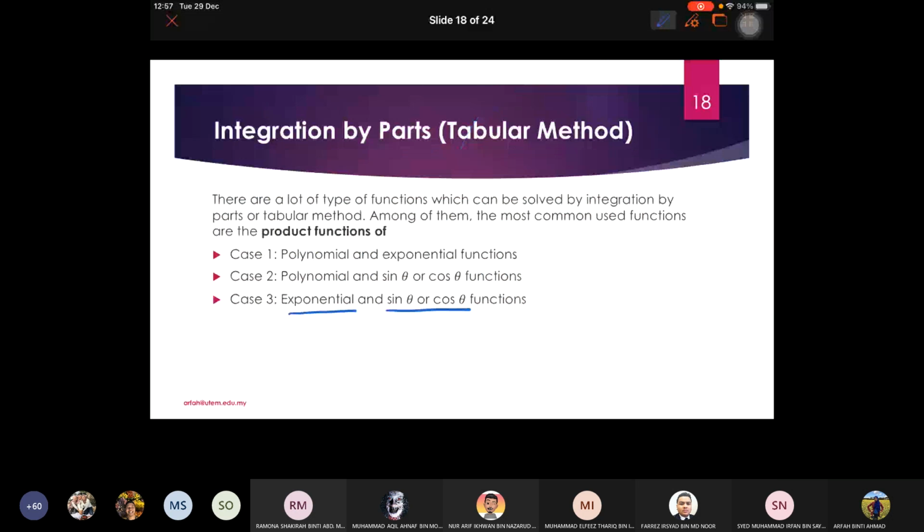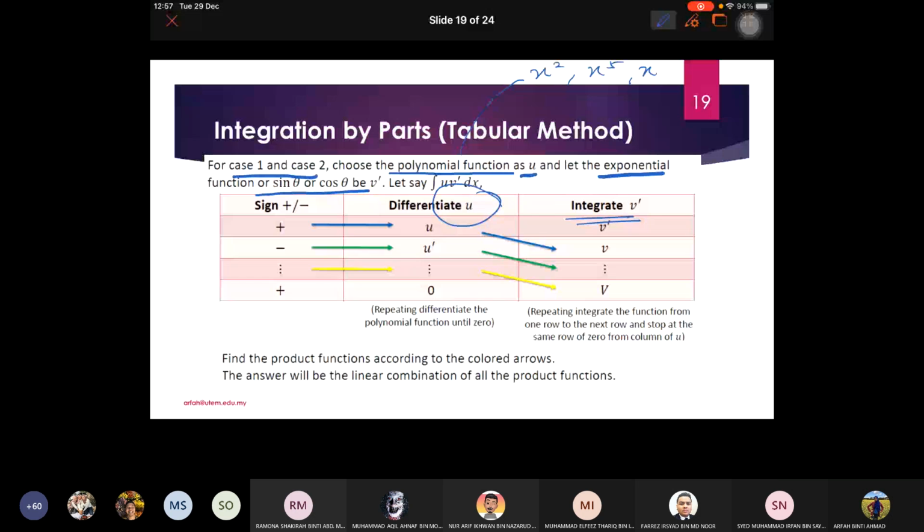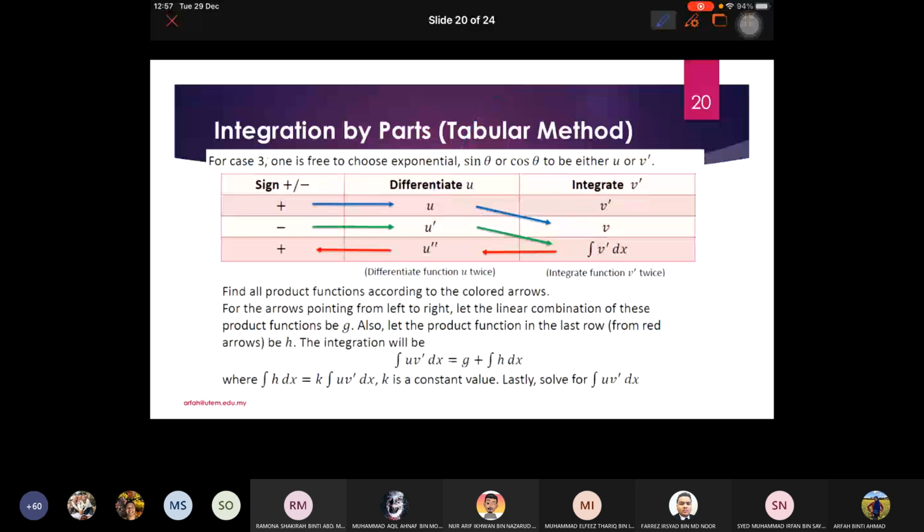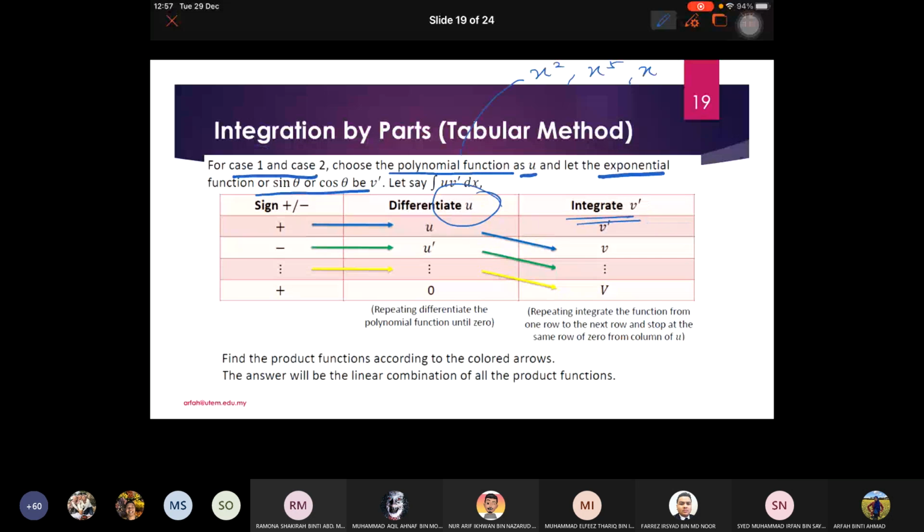Tapi kalau exponential function darabkan dengan sin atau theta function, yang itu akan jadi case 3. Boleh letak dekat mana-mana. Awak boleh letak exponential dekat sini, sin dekat sini, atau awak boleh letak sin dekat sini, exponential dekat sini. Tujuan kita letak polynomial function dekat differentiate sebab kita nak kosong bawah dia.